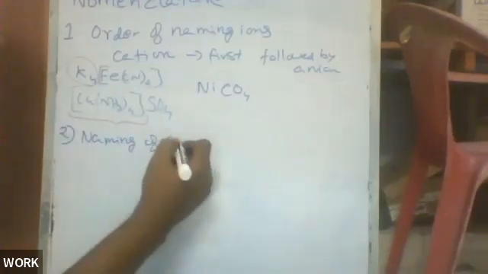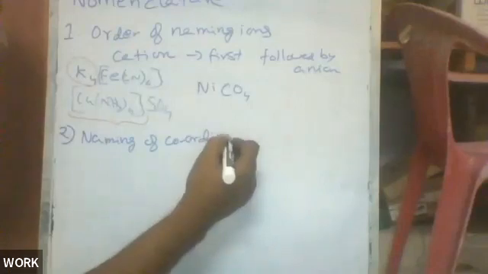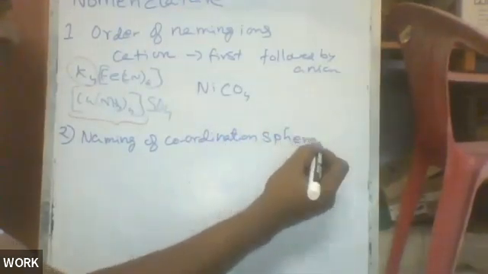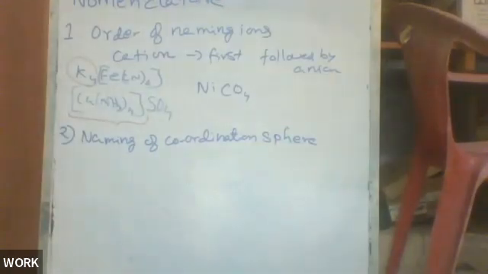Then, naming of the coordination sphere. In the coordination sphere, what do you have? You have the metal atom and ligands, right? So it has an order.